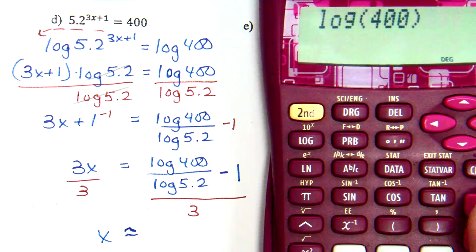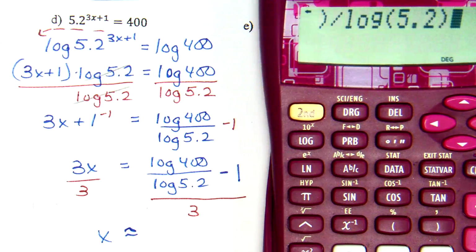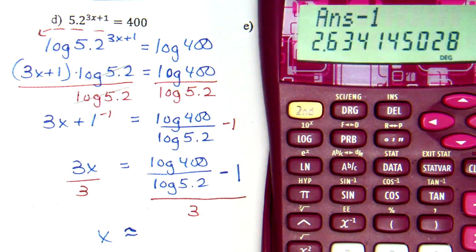Log 400 divided by log 5.2. I have that typed in. I'm going to hit equals because that kind of tells my calculator, like, okay, take that calculation. Then I'm going to minus 1. I just type minus 1. I can hit equals. That's where I'm at now. And now we're going to divide by 3, hit equals.